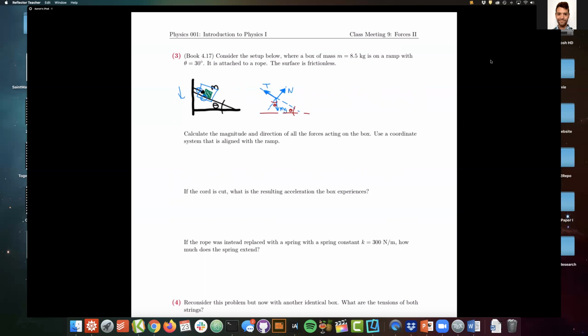Now my coordinate system is kind of x, y, but it's at an angle where x is along the ramp and y is perpendicular to the ramp. Let's have up the ramp and off the ramp be the positive directions.